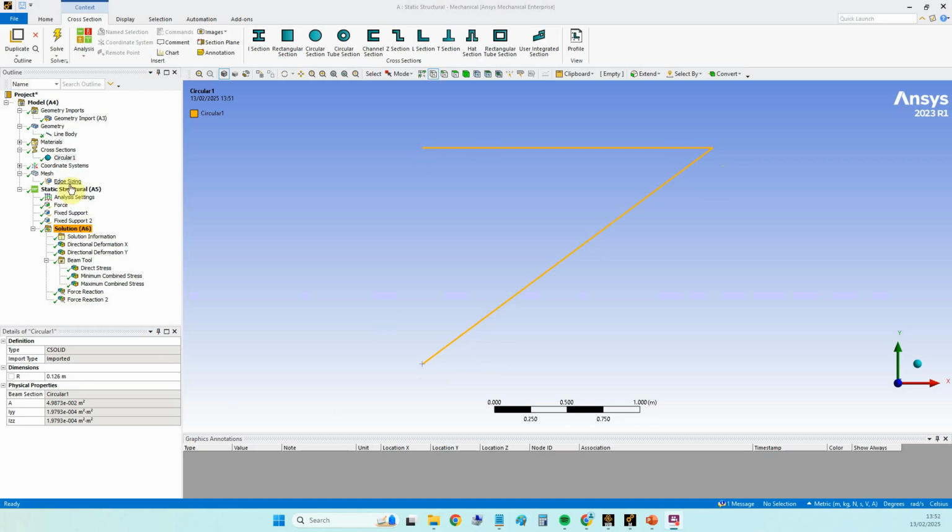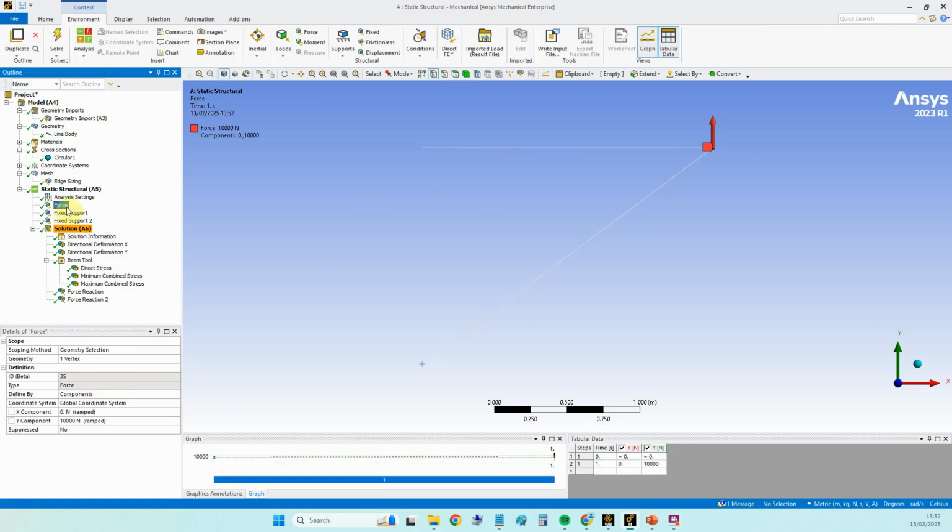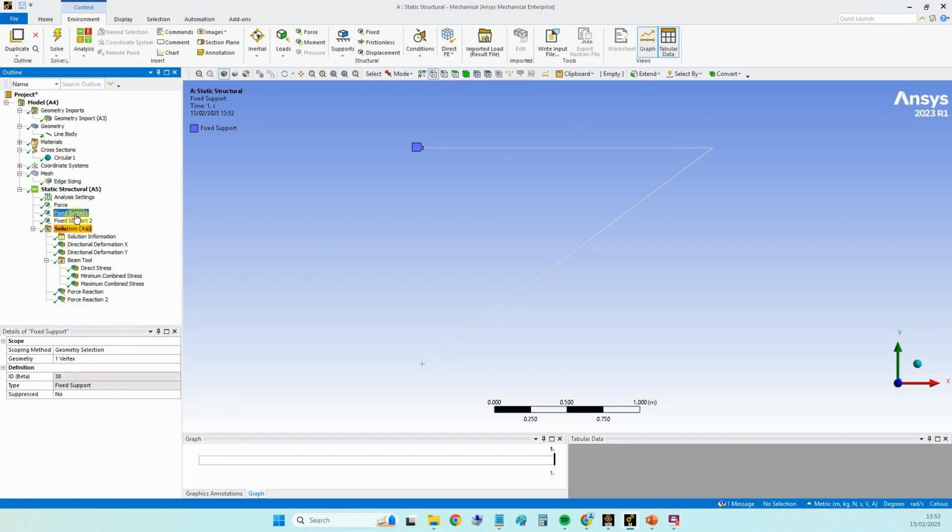In terms of meshing, I've made sure that each line is divided into one truss element, so it's exactly the same as the problem that we just went through mathematically. I've applied a force on this node here of 10,000 newtons, and I've got 2 fixed supports here and here. There are my 2 fixed supports shown with the purple tags, and there is my vertical force shown in the red arrow.